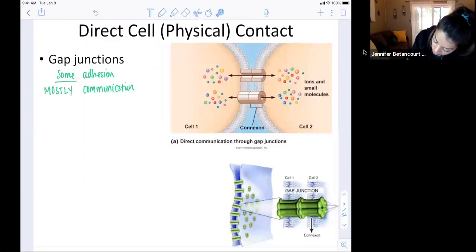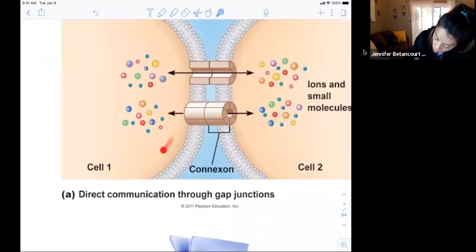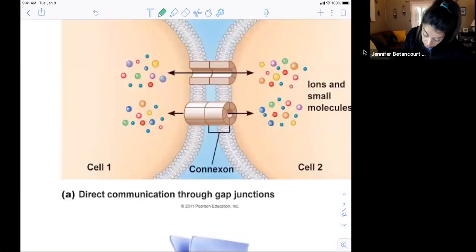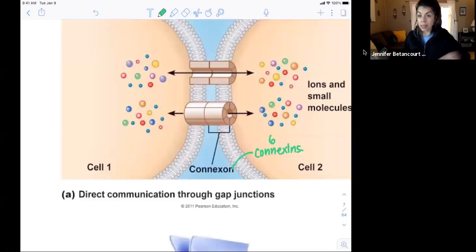Okay. And as you can see from this cartoon here, here's cell 1, here's cell 2, here's these molecules. So the gap junction is actually composed of these proteins called connexins. Okay. And 6 connexins stand in a circle, hold hands, interact with one another to form a big giant tube.